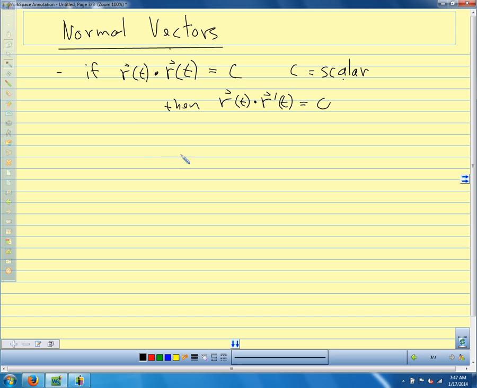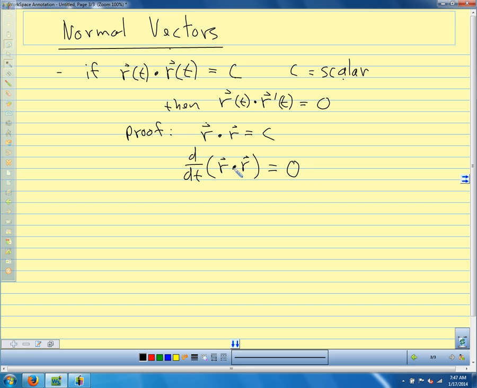And this is really easy to see. If we have, and I'm going to drop my t dependence, we know this depends on time, r dot r equals a constant. We're going to take the derivative. If I take the derivative of a constant, I get 0, taking the derivative of both sides.